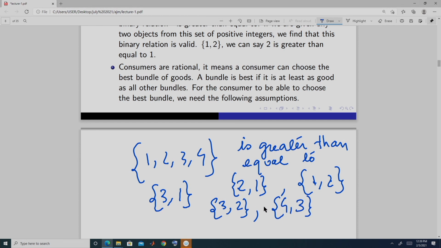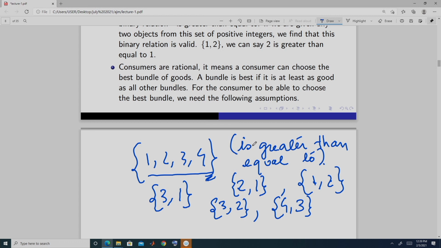So if we go on like this, we will find that 4 is greater than or equal to all the numbers. So from this set we can find out that 4 is the greatest element. How is it possible? Using this binary relation, greater than or equal to.